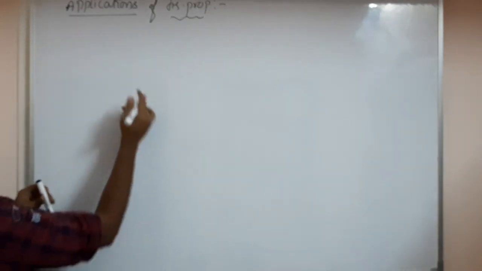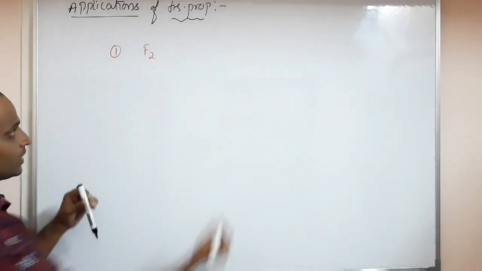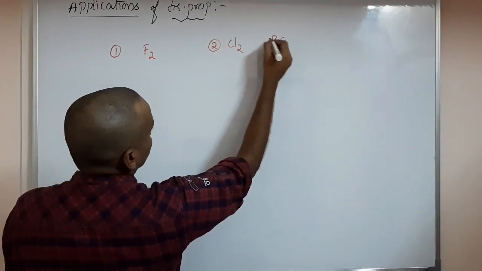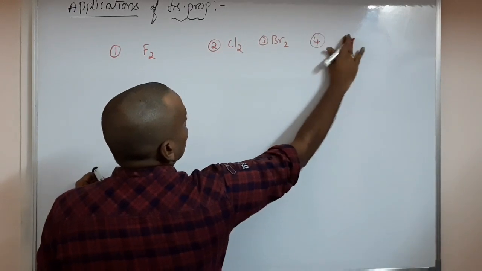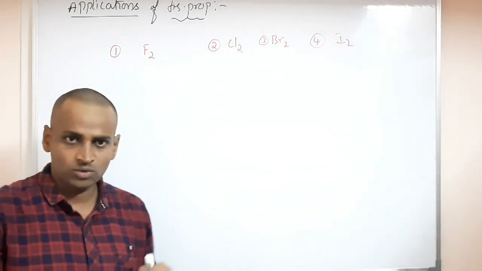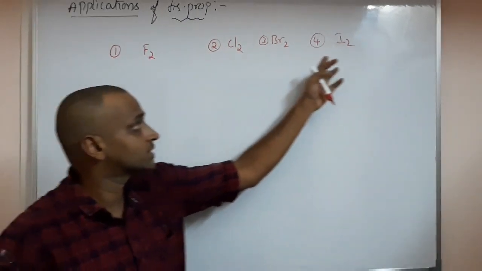Suppose I give some options: F2, Cl2, Br2, and the fourth one, I2. Among these, who can be involved and who cannot be involved.